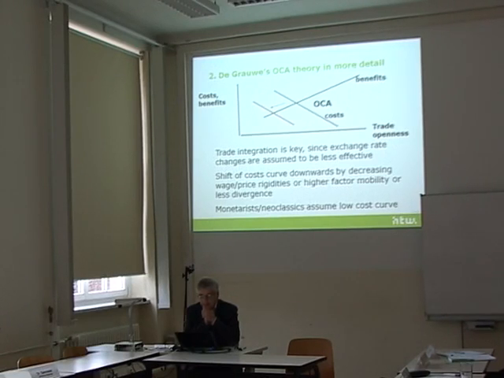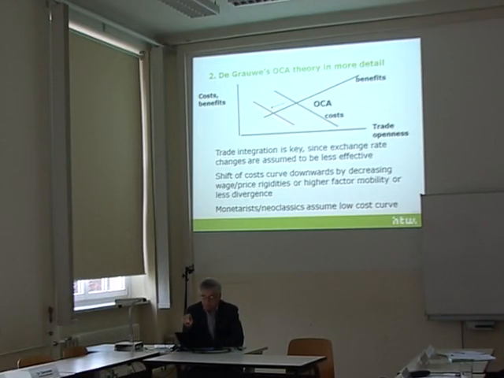Well, it is argued the more trade openness or trade connectedness exists, the less possible is exchange rate realignment. So therefore, exchange rates are not needed any longer, or the cost of the loss of the exchange rates are not very high. So this idea is very important, and I come back to that.